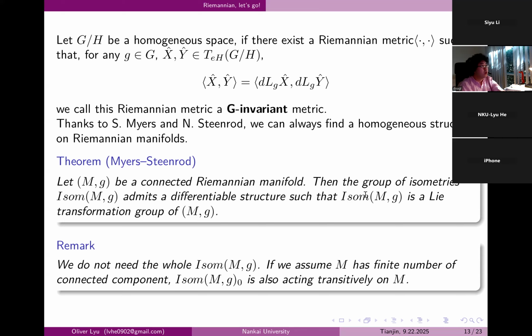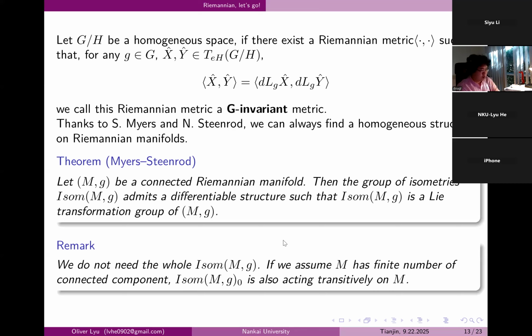This group of isometries is a Lie transformation group of the Riemannian manifold, which means any element in this group induces a transformation on the manifold level, and this transformation preserves the Riemannian metric.